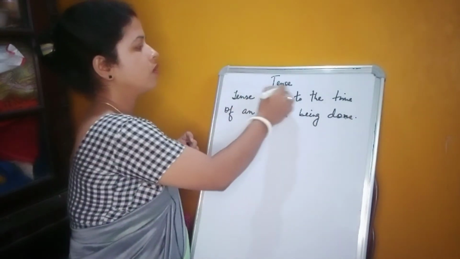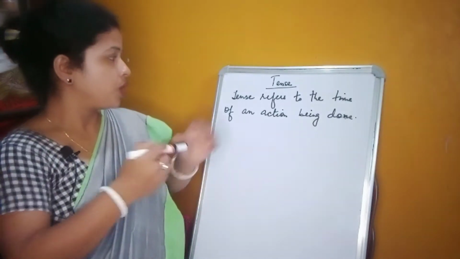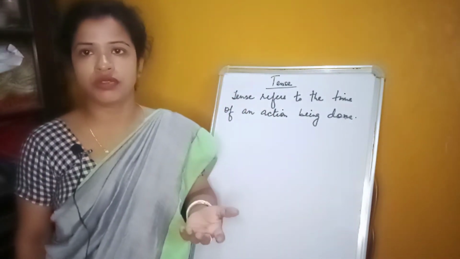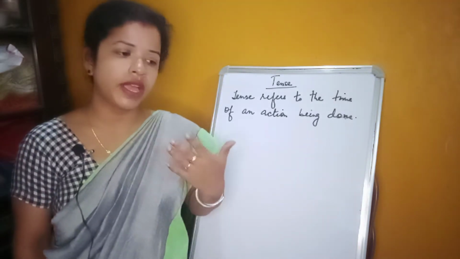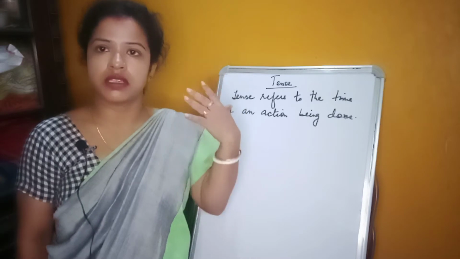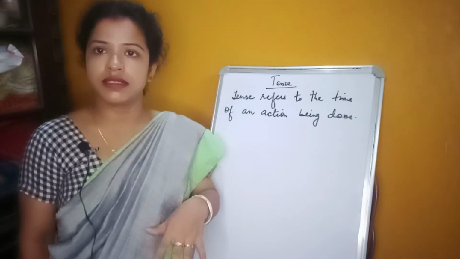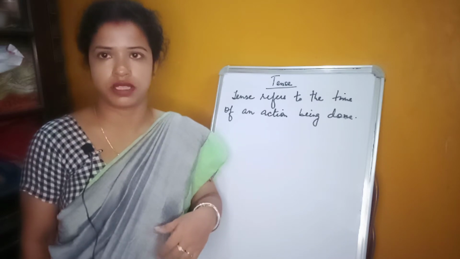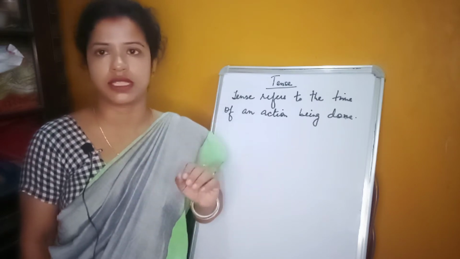Suppose I do an action now, it is the present time. If I had completed my action in the past, that is called the past tense, and if I am going to do something in the future, that is called the future tense. I gave that idea in my previous class itself.